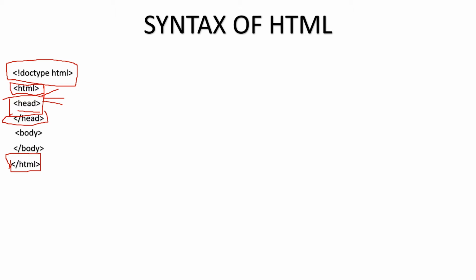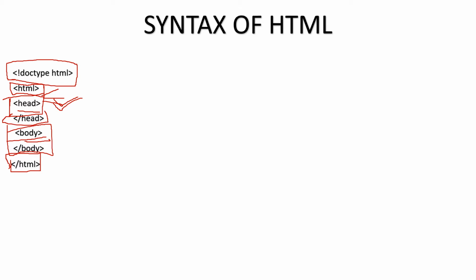No, sorry, not JavaScript, but we can make a JavaScript file and attach it with our HTML document. And here is the body, and the body is the main part which we will see as a user interface. So this was the syntax of HTML.